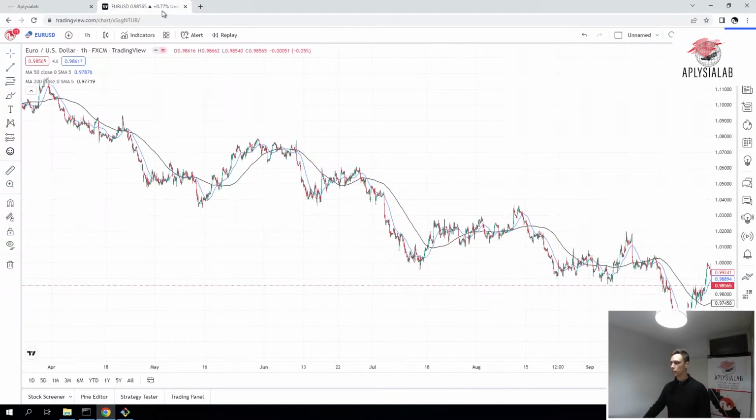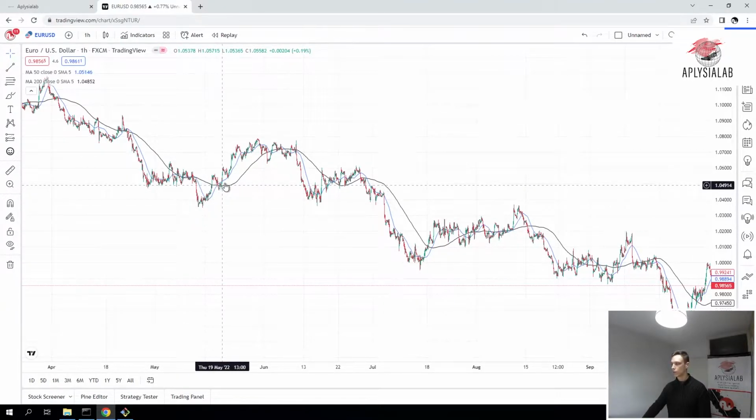So I've prepared a chart here just to show you what we're talking about. You have a fast moving average and a slow moving average. The fast moving average is the smaller period one, so in this case the 50 moving average, and the slow one here is the 200. The fast one moves a little bit faster, and where they cross is where you're supposed to buy or sell.